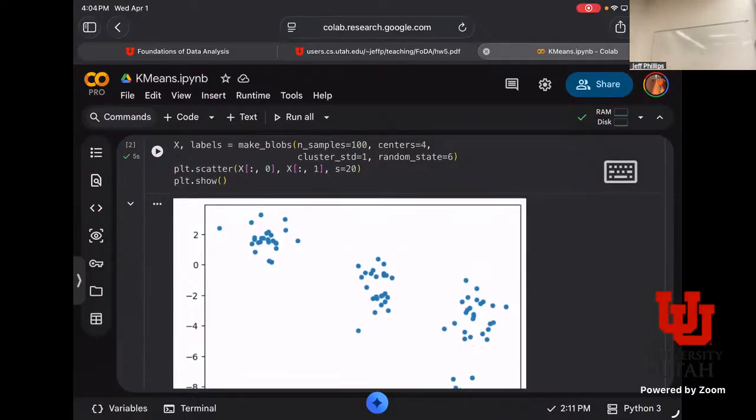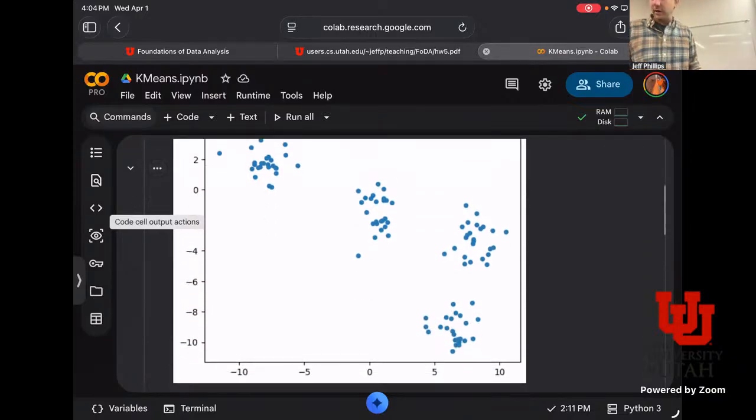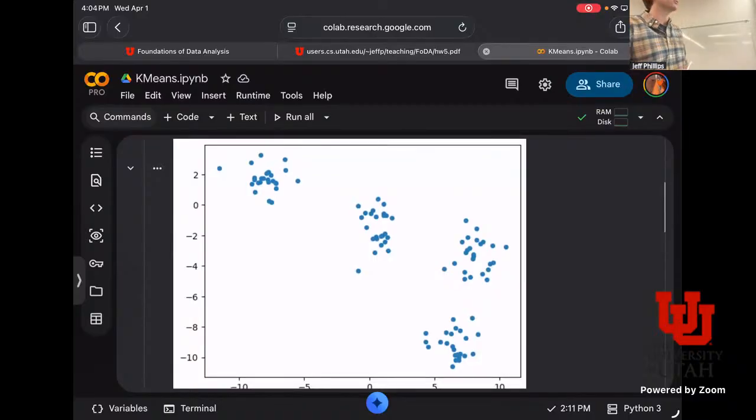I pick some locations for the centers, and then pick points from a random Gaussian distribution in this two-dimensional space. So I've created 4 clusters, ideally what clusters look like.